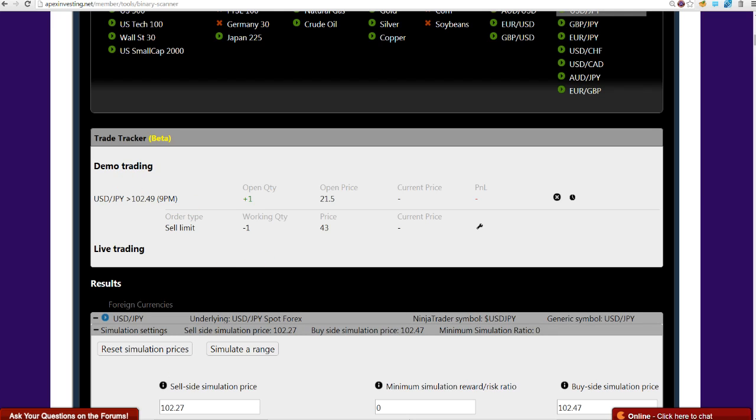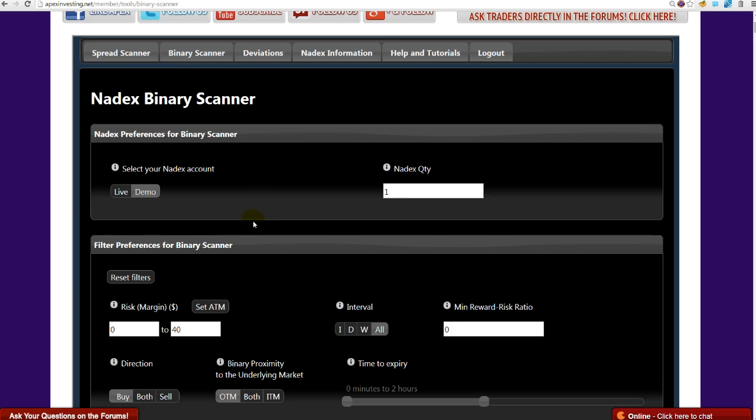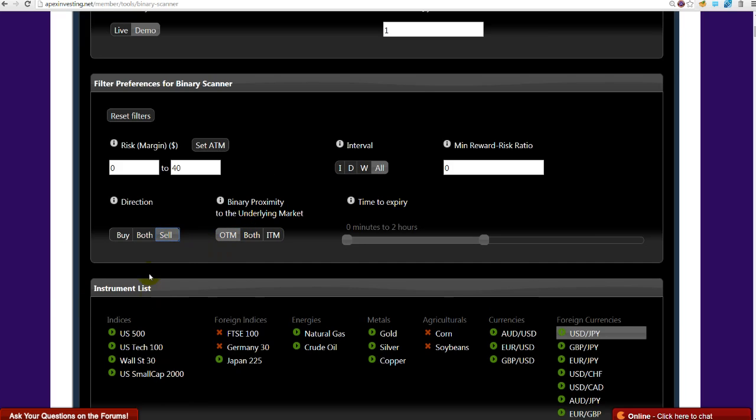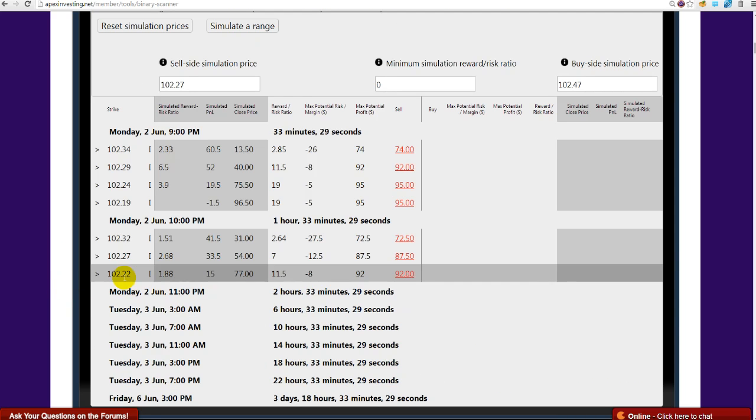Then, let's see here. I'm saying the statement is false, right? If I buy, I'm saying the statement is true. If I sell, so we'll show you sort of going to the scanner here. If I say the statement is false, well, what are the statements?